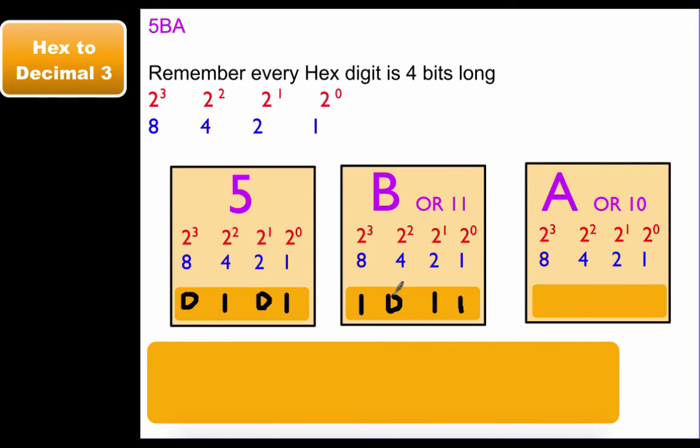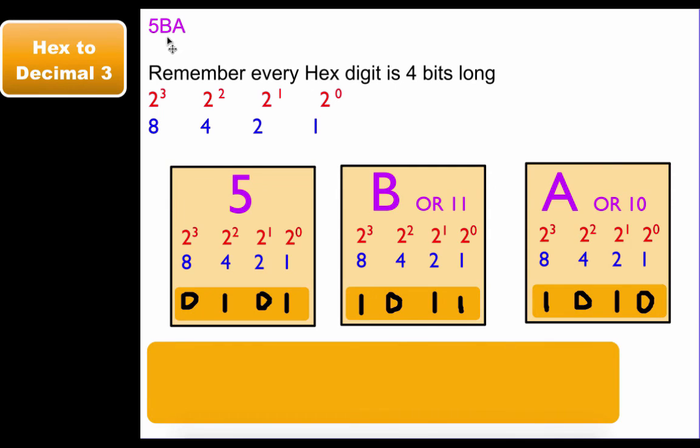So 11 in decimal, or B in hexadecimal, is 1011 in binary. And my favorite number, A, or 10, is the same as saying 1, 0, 1, 0.